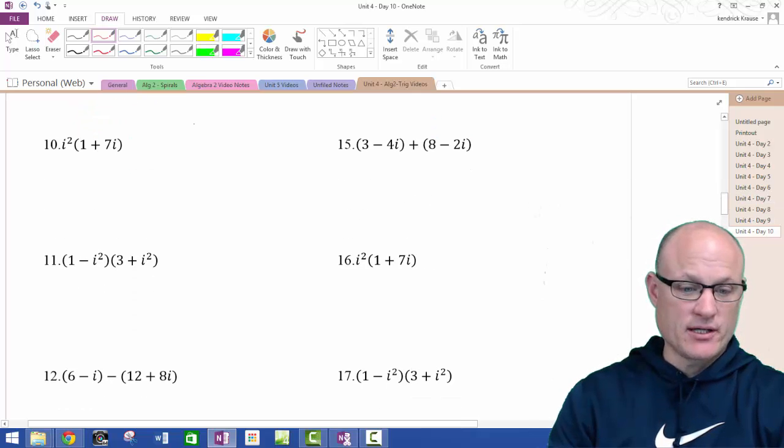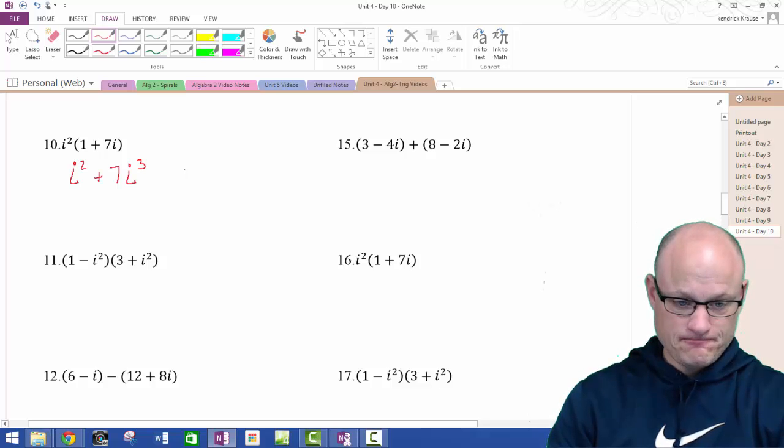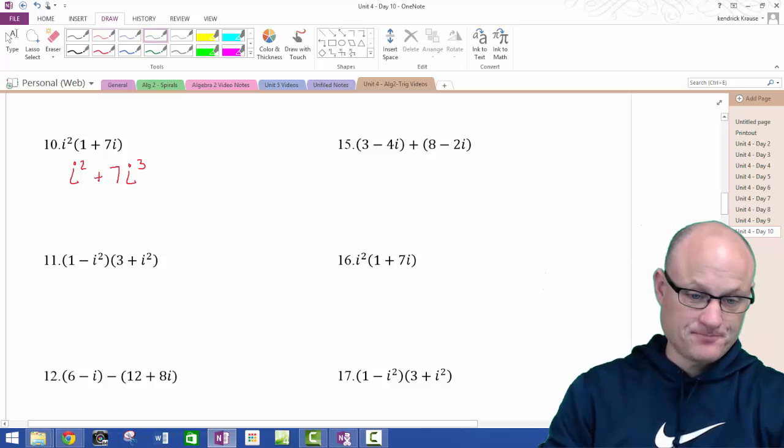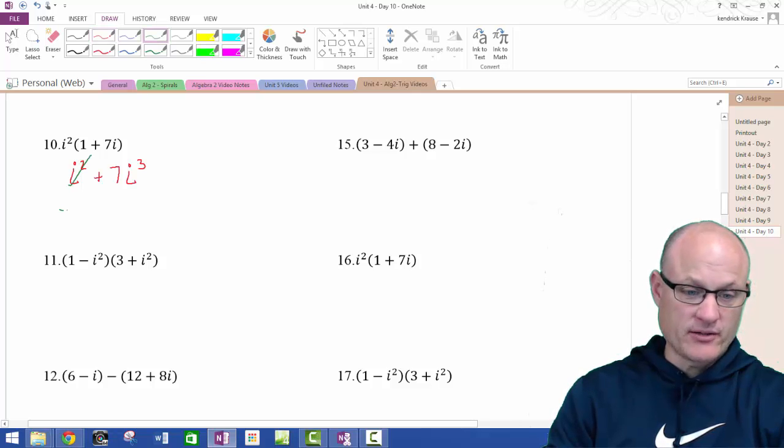All right, now we're going to get into some larger i stuff. i squared times 1 is just i squared. Plus 7 times i cubed. Now I've got to clean things up. Isn't this just really negative 1?